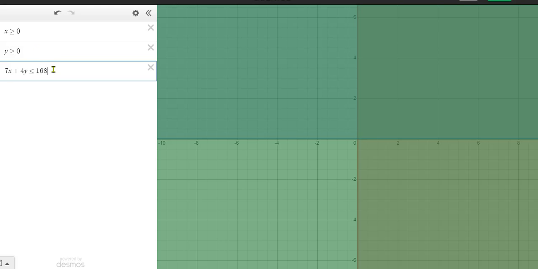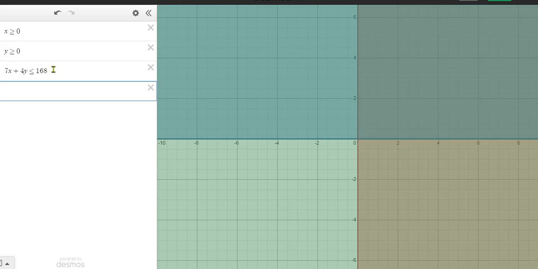Okay, so we're going to get these entered, then we'll change the coordinates on our grid so we can see what we need to see. Then I have 14x plus 2y, I'm sorry, less than or equal to 210.